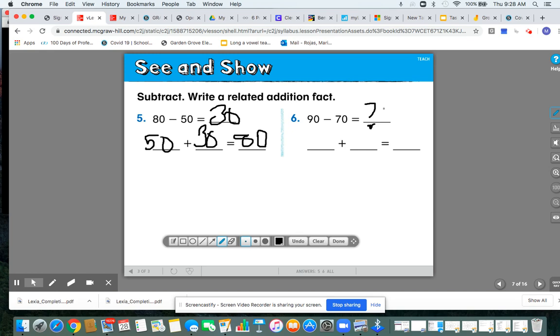So boom, I did 20. And this is how I solved it. 70, 80, 90. Boom. 70 plus 20. So I can write 70 here plus 20 is equal to 90. And this is how you will get your answer. It's a lot quicker, and you can always check your answer.